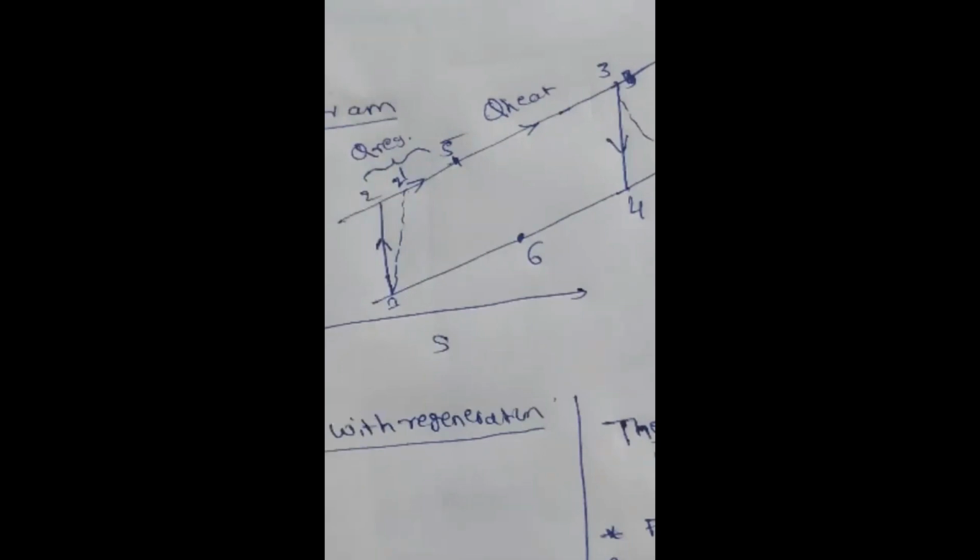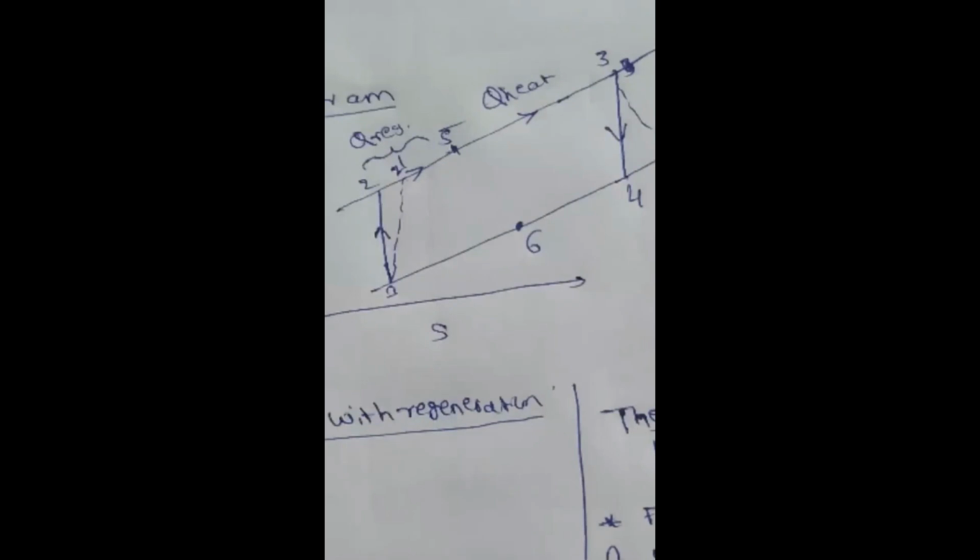Now at point 5, you are passing to the combustion chamber. From 5 to 3 you are adding the heat.